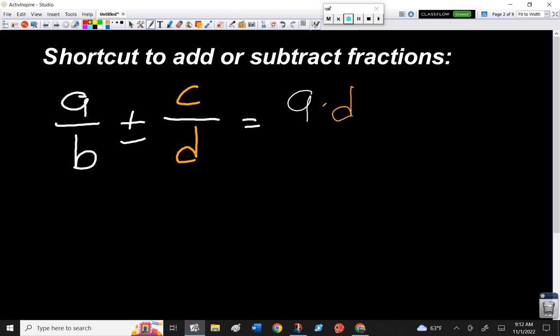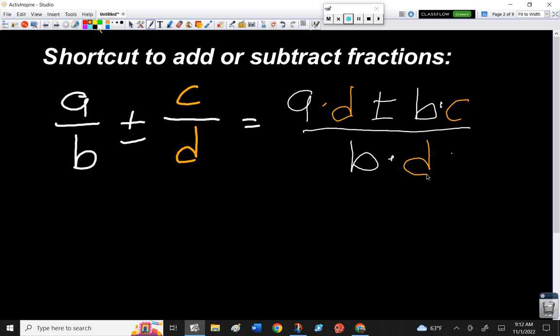So a times d, and then you're going to put plus or minus b times c, and all of this, ladies and gentlemen, is going to be over b times d.